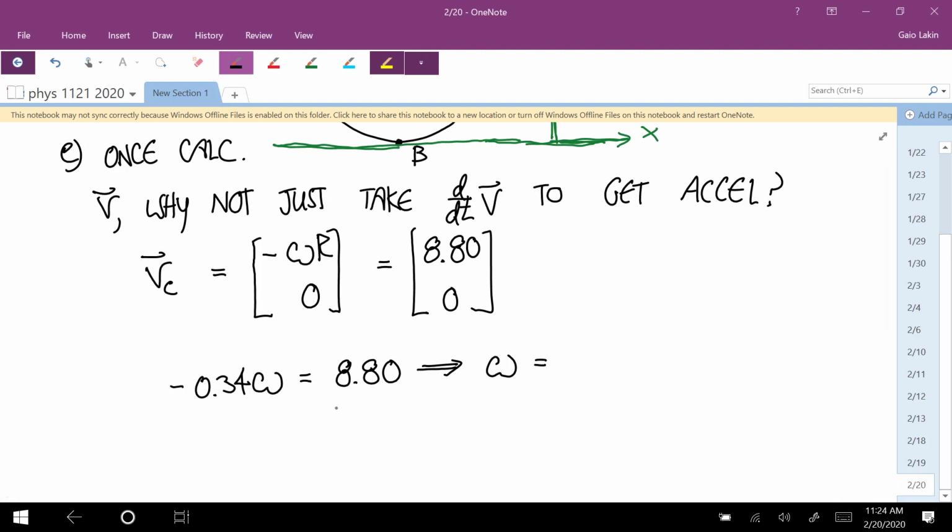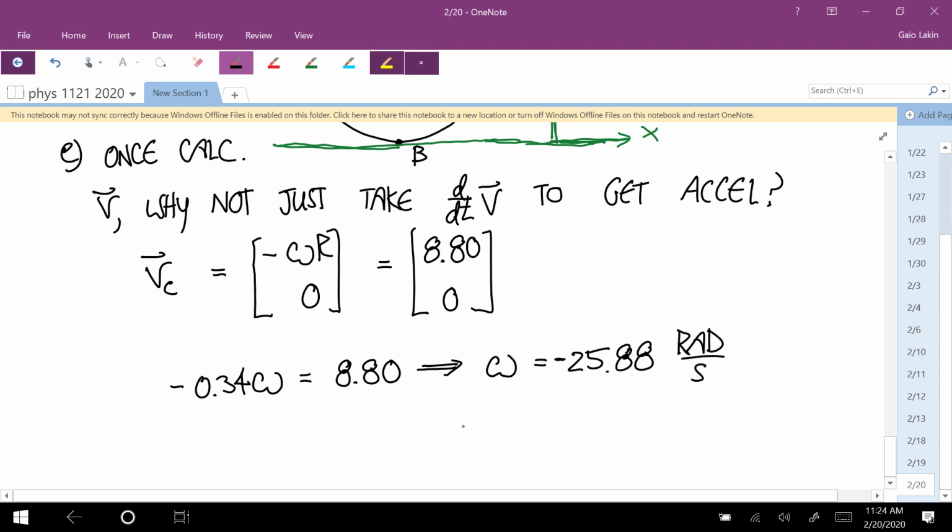Can someone calculate that for me? It's 25.88, and there's a negative sign, radians per second.